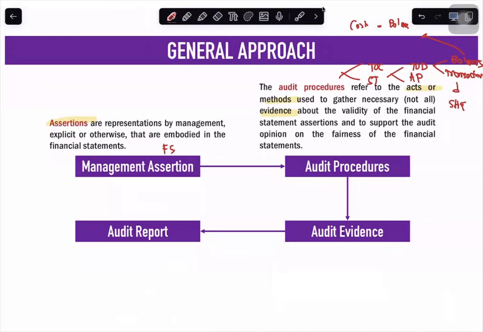But non-recurring, PPE, mga ganon, test of details of transactions. And then we can also use analytical procedures as part of our substantive tests. So that is your approach on your audit. Parang kanina, yung whole process, ito, hinati natin from the assertion, we do our audit procedures, we obtain audit evidence so that we can provide an audit report.